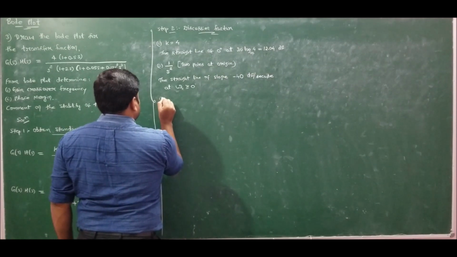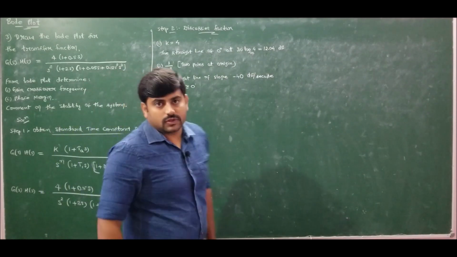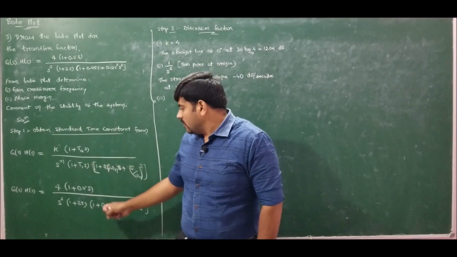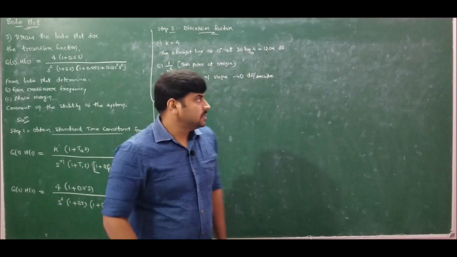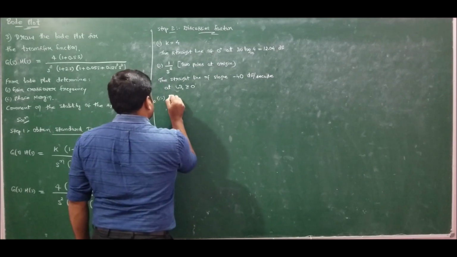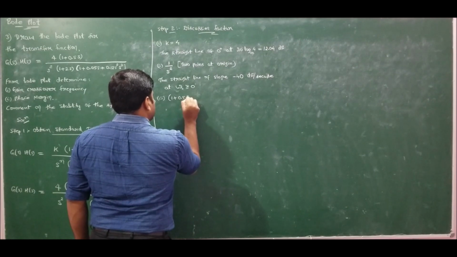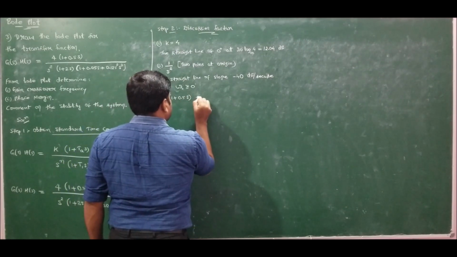Next, move for the third one. Third one is left to you. Either you can go with simple pole or simple zero. Let me go with simple zero. Simple zero says what? It is 1 plus 0.5 s.